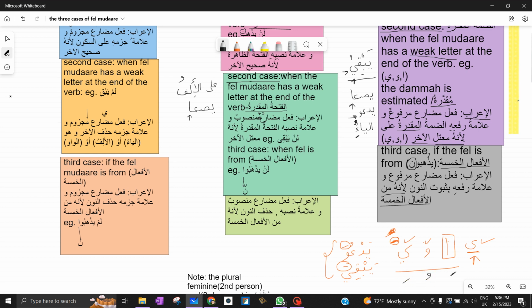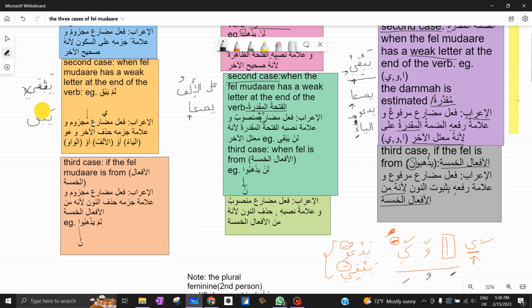So in case of yabqi, the ya gets deleted. What is the second last letter here? It's ba, yabqi. If this gets deleted, what remains? Yab, qaf. So the second last letter is qaf, and you will write qaf in full form.